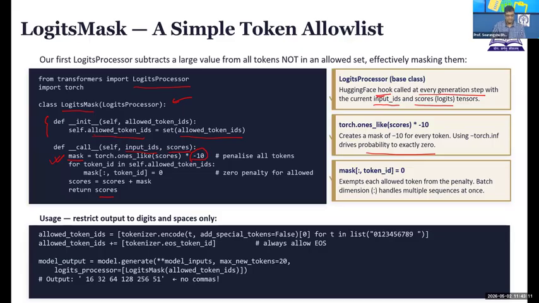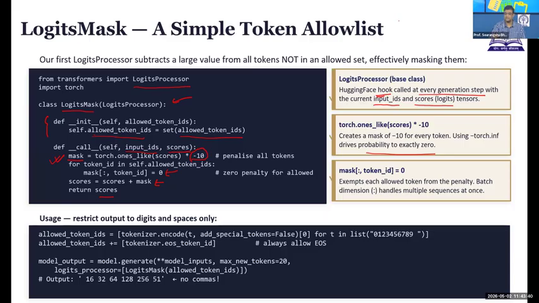Then for the allowed tokens, you are setting the mask to 0. Initially all of them are minus 10, now you are setting the allowed ones to 0. Then you are basically doing scores equals scores plus mask. Why is this happening?